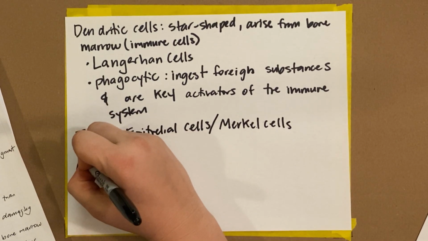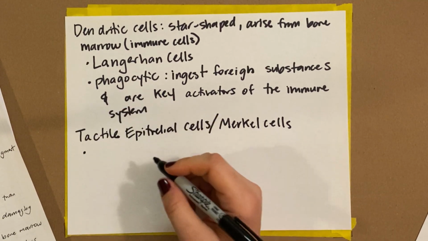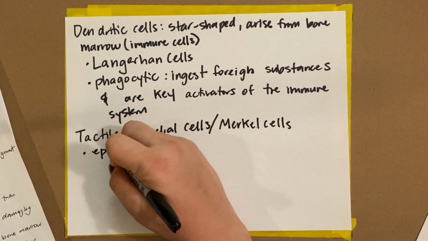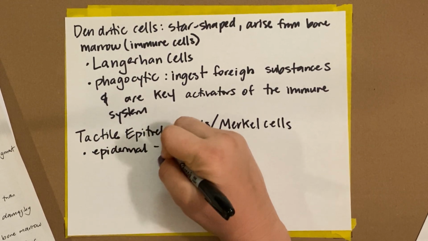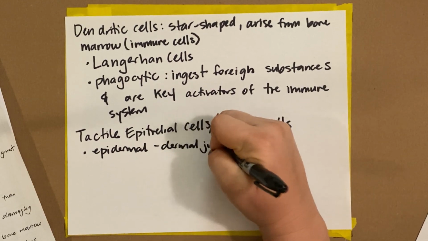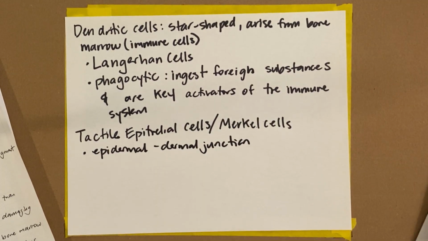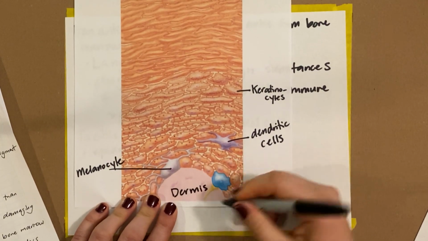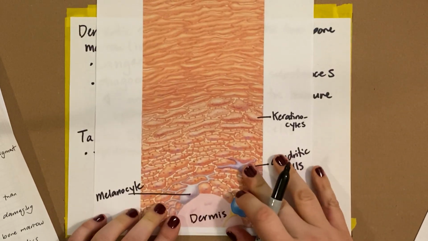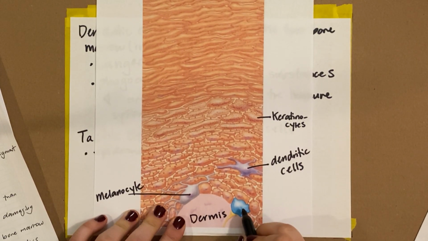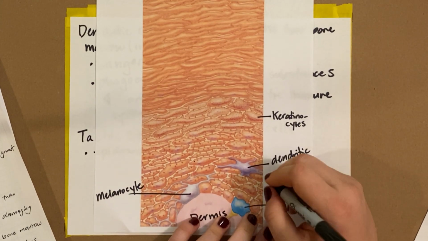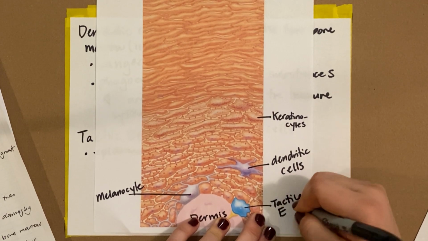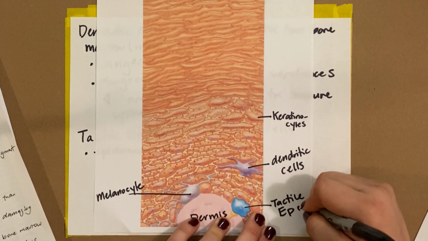And these are going to be kind of in this region, which we're going to call the dermal junction. So they are right between, okay, so this is actually the dermis right here. All this part of here is going to be the epidermis. And so this right here is going to be kind of a tactile epithelial cell. I'll just put epi cell.